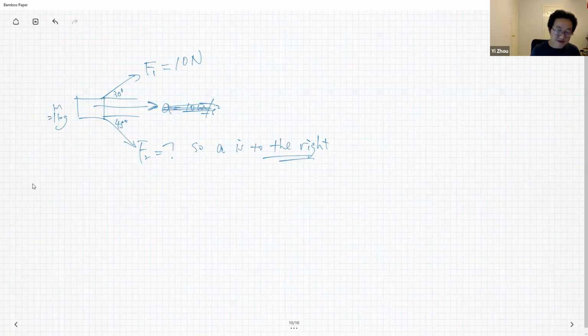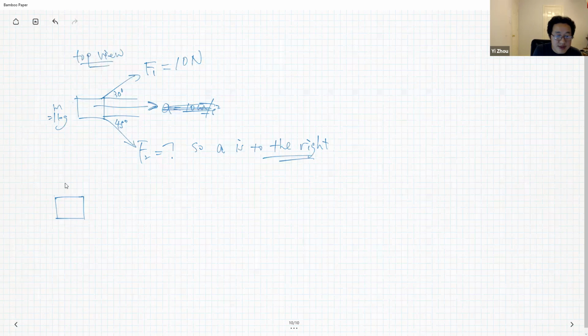So let's start from our object. We have this one object. How many forces are acting on this object? 4. Okay. Yeah, this is a top view. So that's the ground. So what are the 4 forces we're talking about?